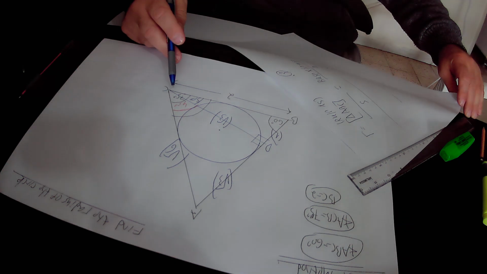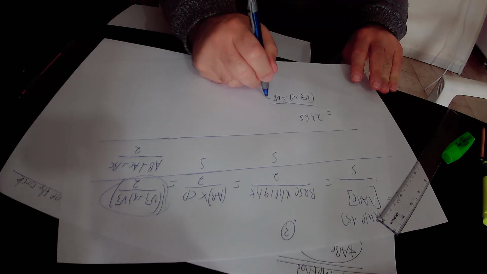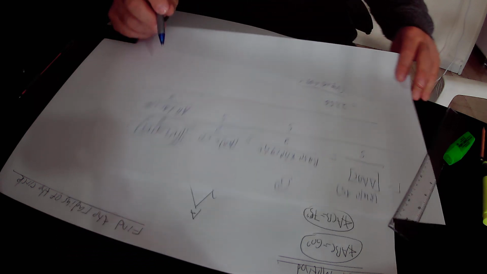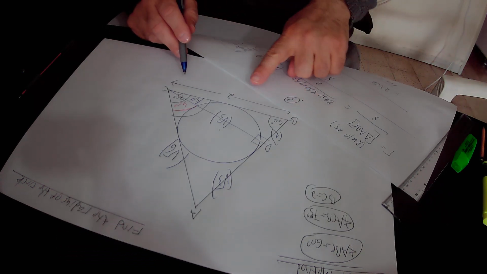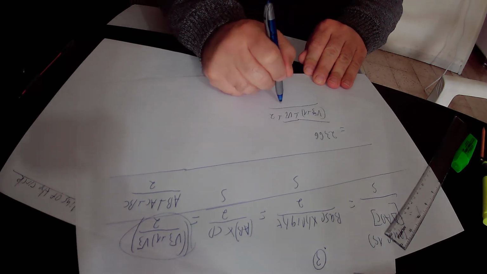AC is equal to 6, plus BC. It is given in the question that BC equals 2 units in length, so it is plus 2, all divided by 2.